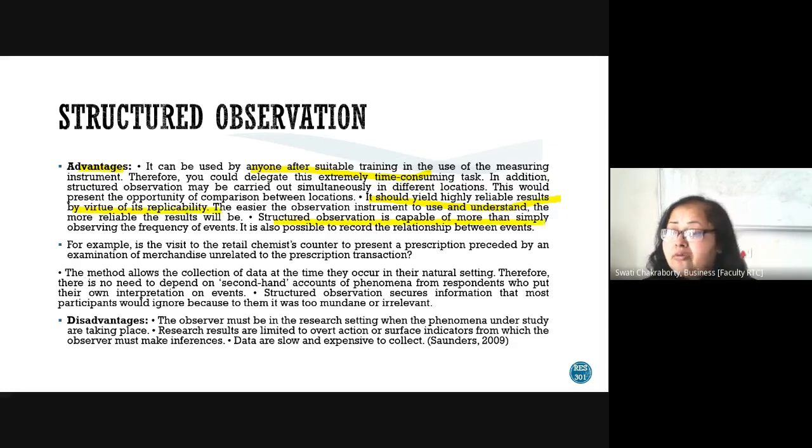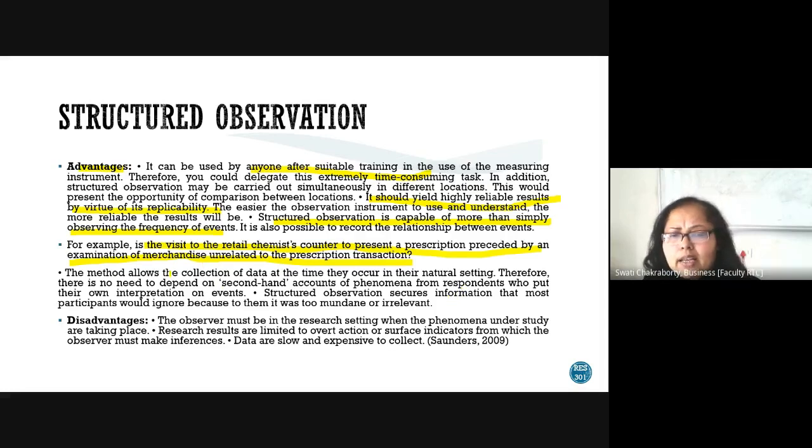It is capable of more than simply observing the frequency of events. For example, is the visit to the retail chemist counter to present a prescription preceded by an examination of merchandise unrelated to the prescription transaction? This is one example.